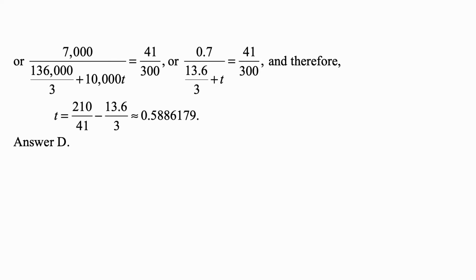You can do this by taking 0.7 over 41 divided by 300 equal to 13.6 over 3 plus t, just by moving the right-hand side to the denominator and the denominator to the right-hand side, which amounts to dividing both sides by 41 over 300 and multiplying both sides by 13.6 over 3 plus t.